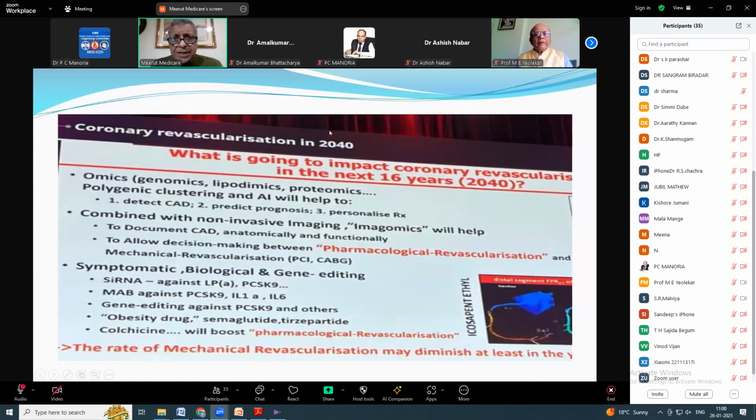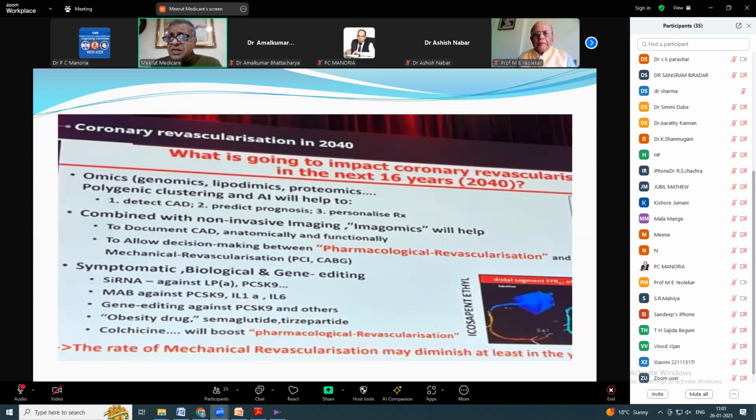This is a slide I photographed at ESC this year, and this is Patrick Serruys, whom many of us know as a hardcore interventionist, and his projection for 2040 is that pharmacological revascularization is the likely aim in future.